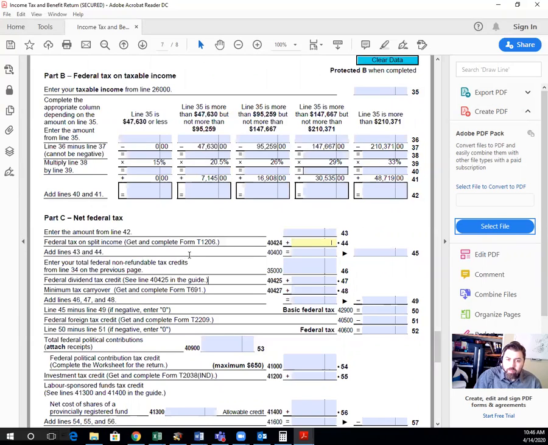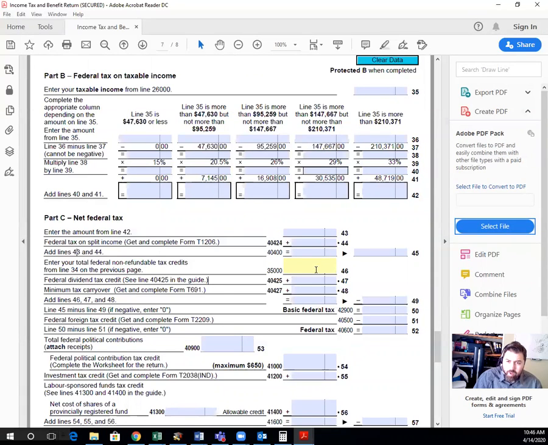Federal tax on split income, we'd have to use a certain form, but we haven't taken that in this course. Add lines 43 and 44, we have our amount. Then we enter our total non-refundable tax credits here.